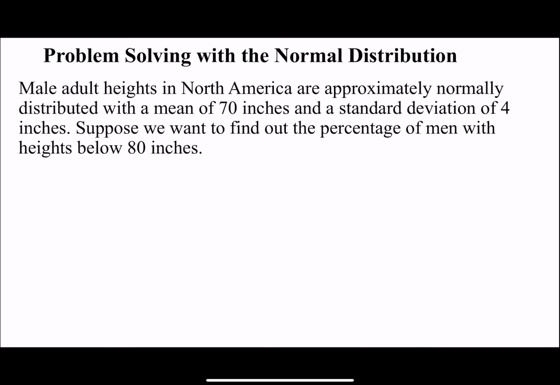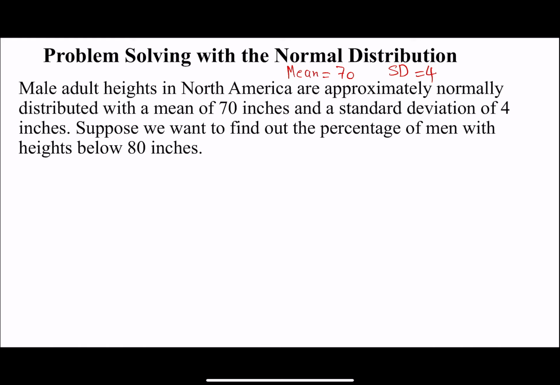So, let's go back to the example of male adult heights in North America. It is approximately normally distributed. The mean value is 70 inches. Standard deviation is 4.